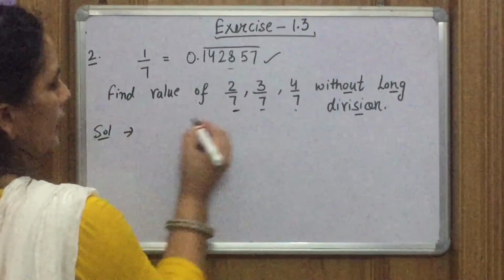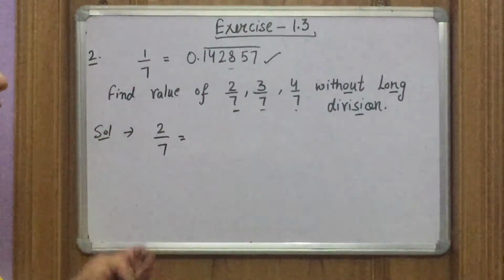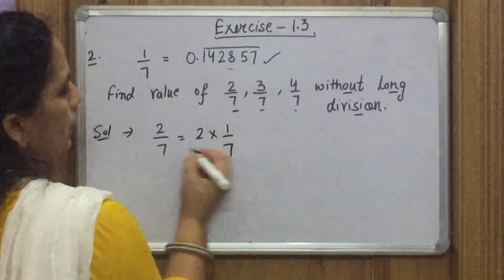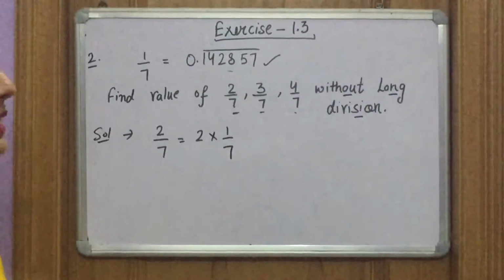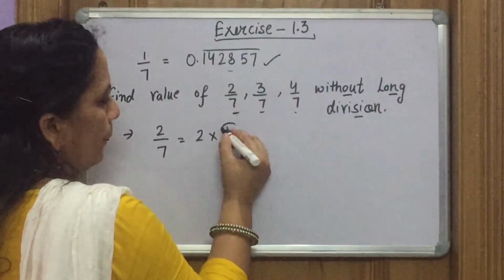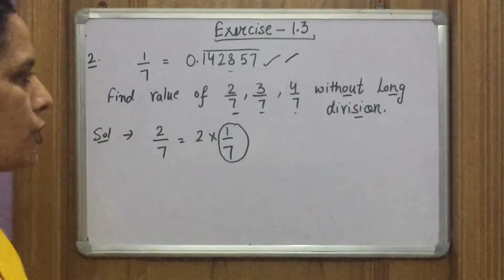So the first number is 2 by 7. We can write 2 by 7 as 2 multiply 1 by 7. Now put the value of 1 by 7 which is given in the question.